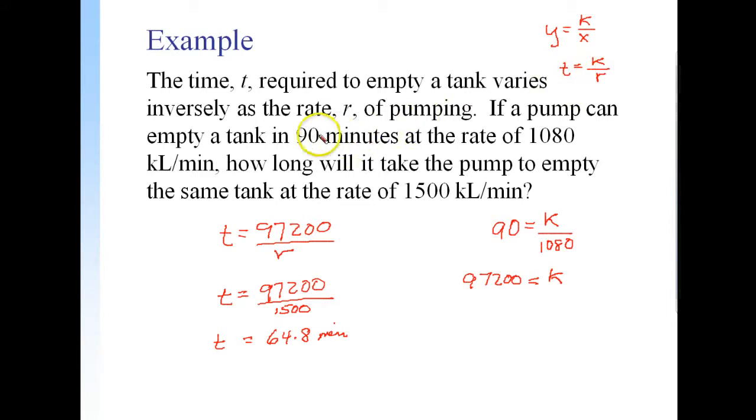We did substitution, and then we, in a sense, cross-multiplied to get this over here, 90 times that. We found out what K was. We then wrote the equation of inverse variation, put our new value of 1500 there, and got this.